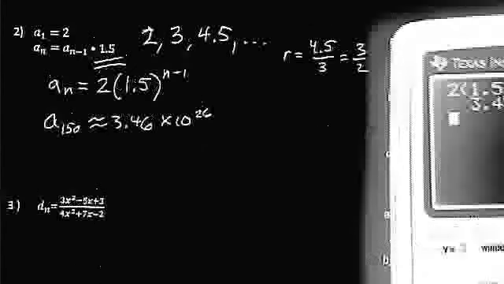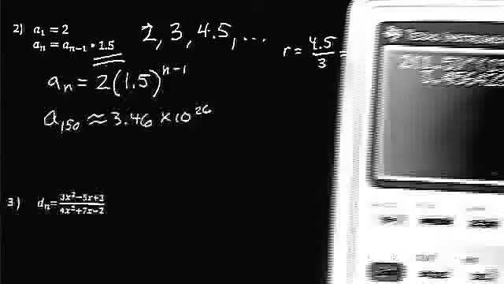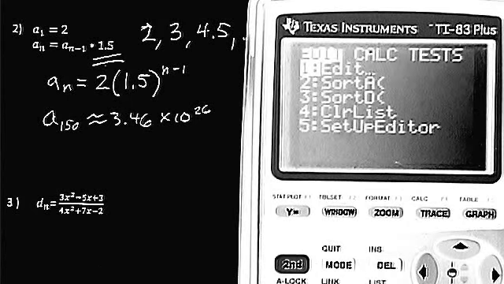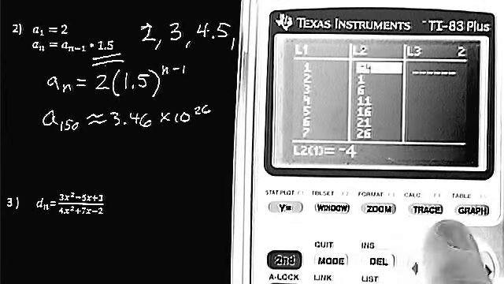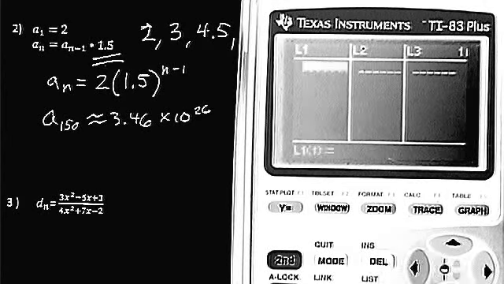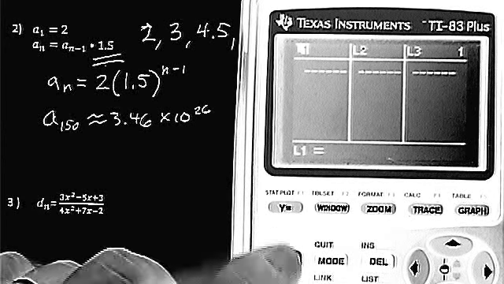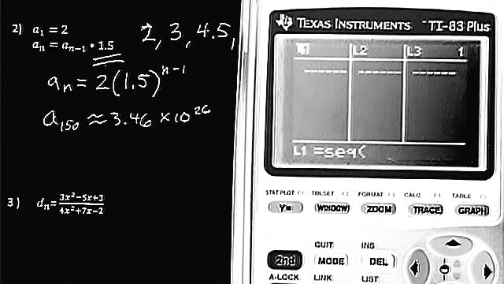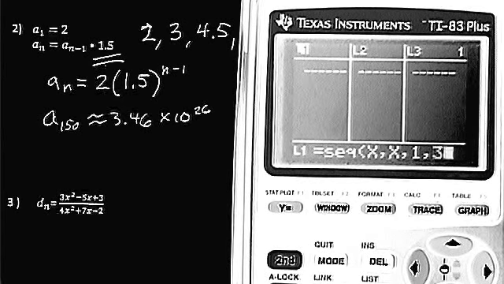Okay, rather big number. When you want to graph this, that's why when I get back into my lists, I'm going to get rid of that first one, and I'm going to get rid of this one. I'm only going to use the first 30 numbers. So second stat, ops, sequence, okay, Y equals X, comma, variable, comma, 1, comma, 30.